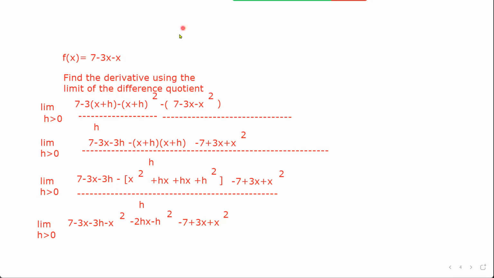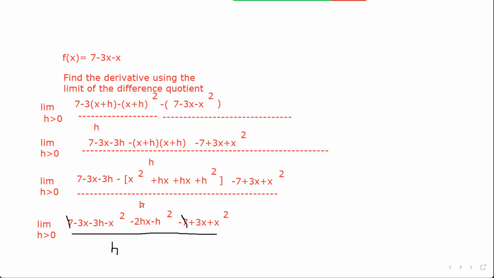Now we're all over h. Now we got a bunch of stuff that's going to cancel out. You see it? This 7 here is going to cancel with this -7 there.